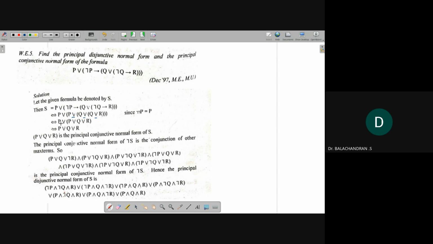Actually, this is a sum, I don't have any product term. So that's why this is called PCNF of S.